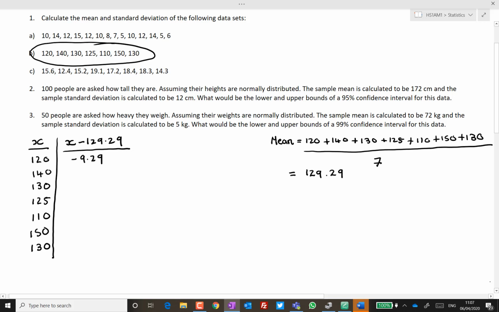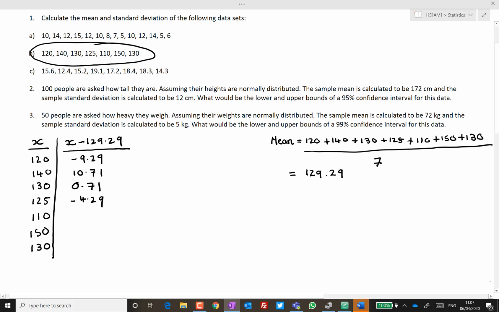I'm going to do 140 minus 129.29, gives me 10.71. I'll do 130 minus 129.29, give me 0.71. 125 minus 129.29, give me minus 4.29.